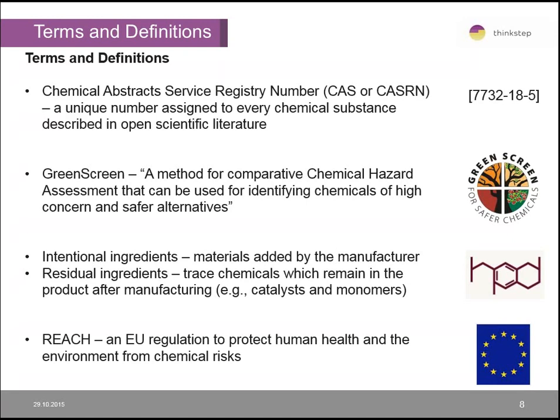Residual ingredients are anything that might be in your product, such as a trace monomer, a catalyst, something after manufacturing happens. The last thing I wanted to mention was REACH, which is a European regulation that stands for Registration, Evaluation, Authorization, and Restriction of Chemicals. It's basically a list of chemicals which have potential hazards.